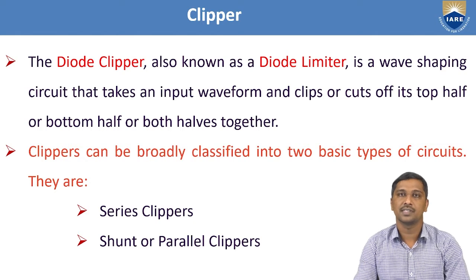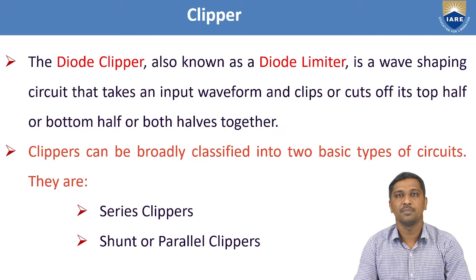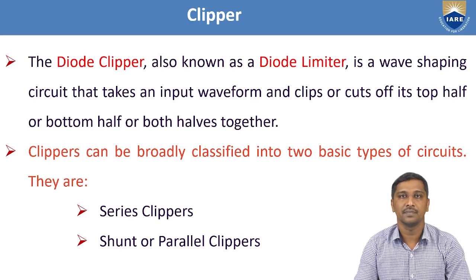Before going to the clipper analysis, how do we design a clipper circuit? To process the clipper operation, we are going to use a PN junction diode. By using this PN junction diode, we design either a series clipper or a shunt clipper. How can we say whether it is a series clipper or a shunt clipper?